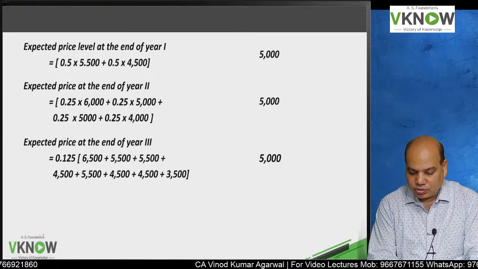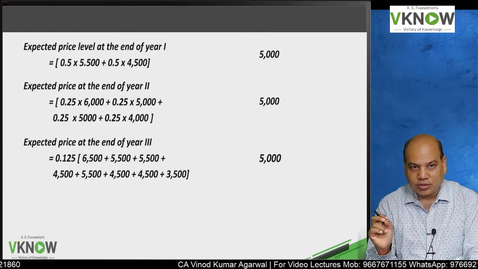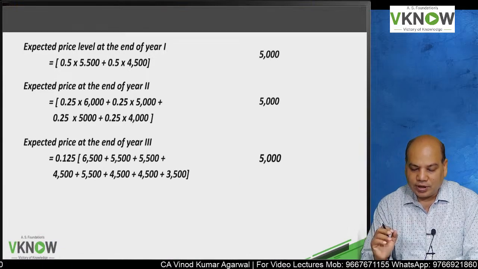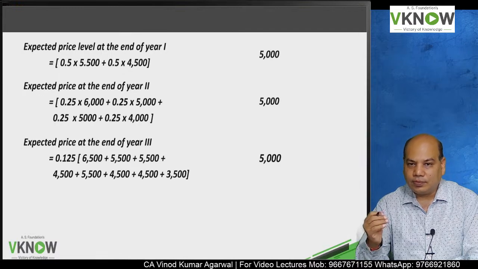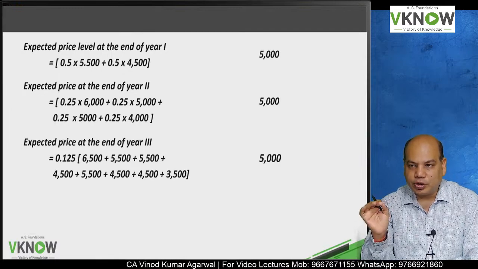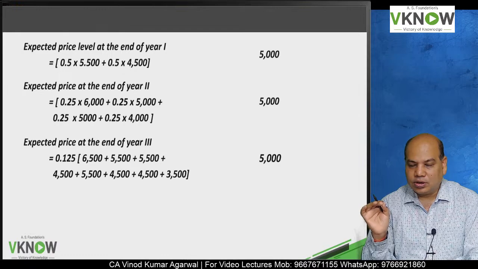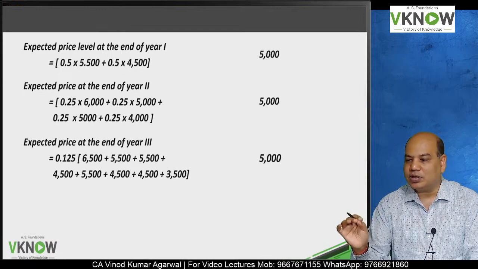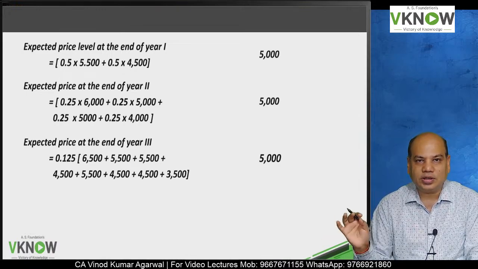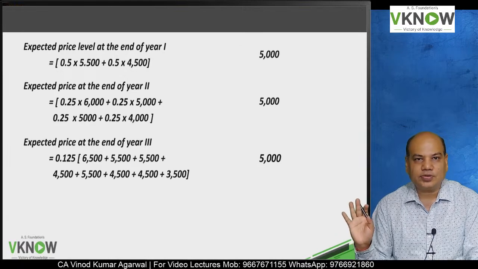If it is 5,000 today at the beginning, and if it rises by 500 or falls by 500 with 0.5 probability, the expected price level in all the 3 years will be 5,000 rupees.